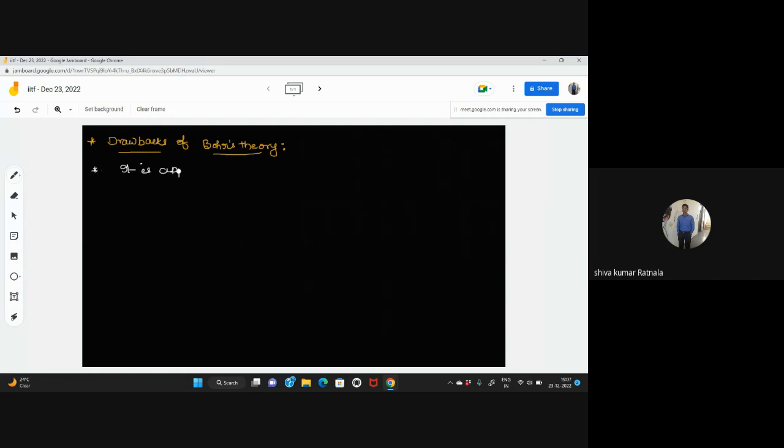Now, drawbacks of Bohr's theory. In the drawbacks of Bohr's theory, the first one: it is applicable for hydrogen and hydrogen-like atoms only.